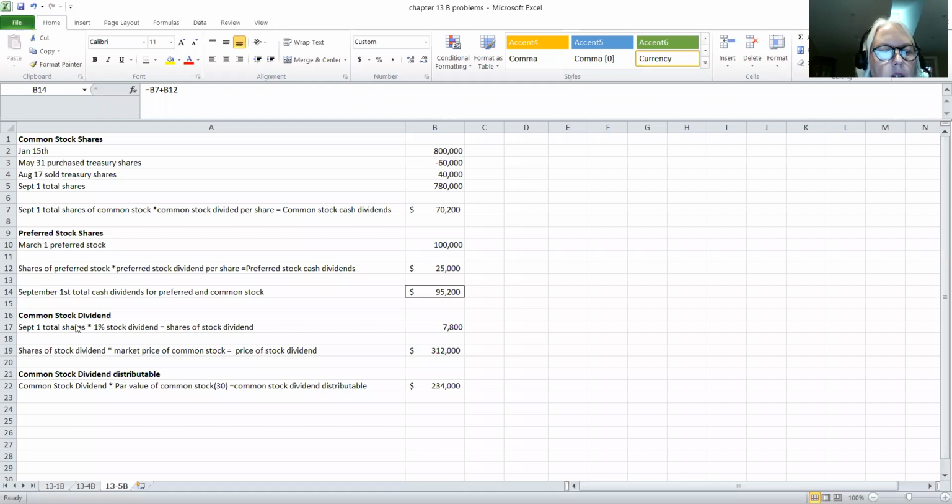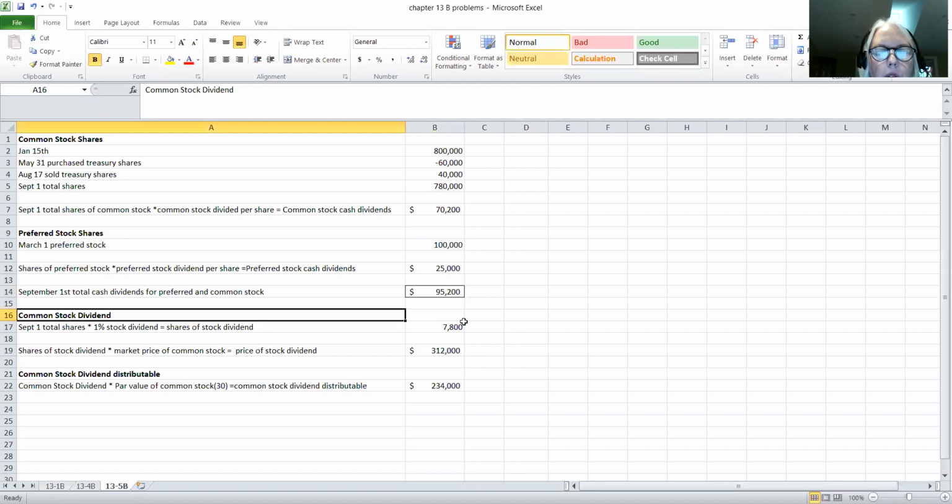We're down here where we're calculating the common stock dividend. So to calculate the common stock dividend, we're going to take the number of shares of common stock that we had on September the 1st, which was the 780,000.